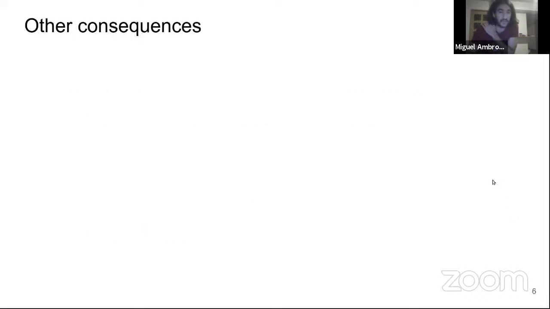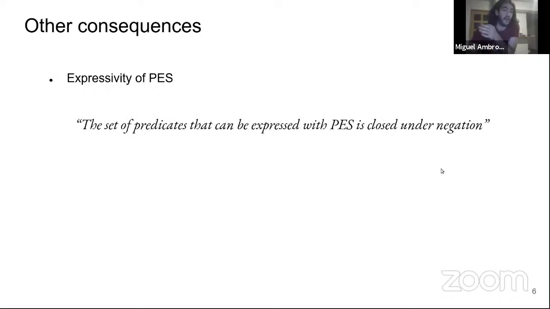Okay, other things I want to mention: the expressivity of pair encodings. I think our new result brings new non-trivial information about the expressivity that can be achieved with pair encoding schemes. For example, the set of predicates that we can handle is closed under negation.